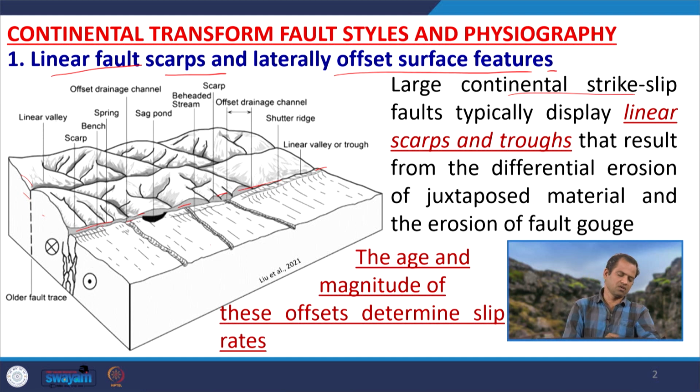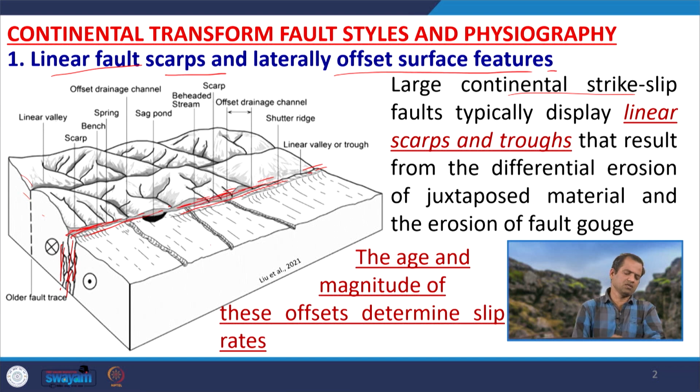If you see here, we have a linear scarp surface, and as this is the fault zone, that means here there is the crushing of rocks. Crushing of rocks means that is fault breccia, and this is a weak zone, so it is very prone to erosion.